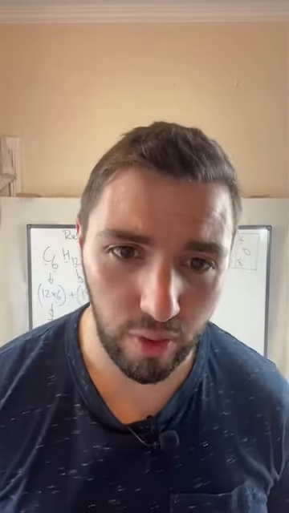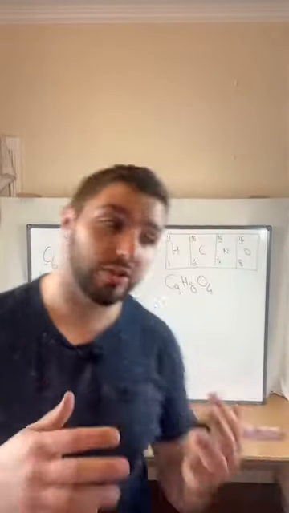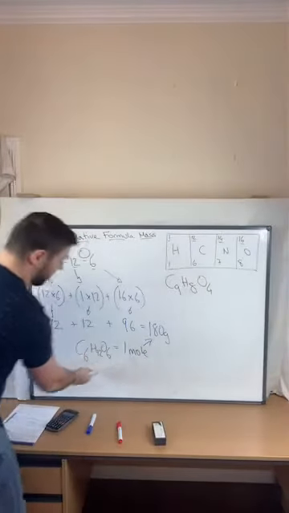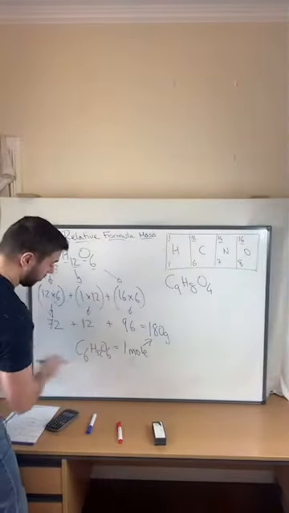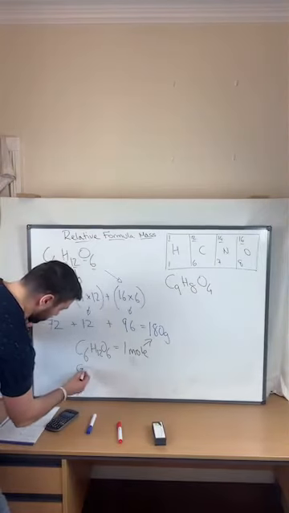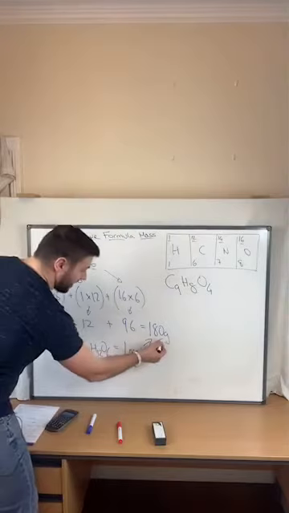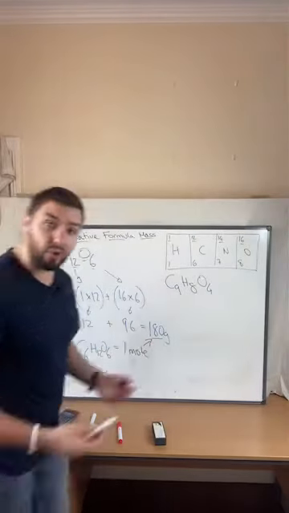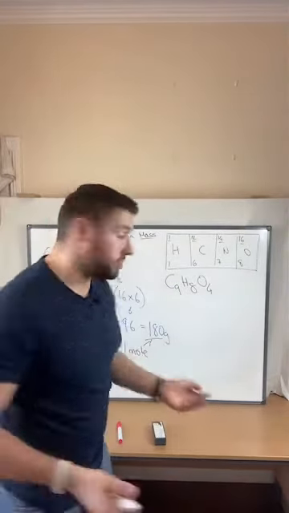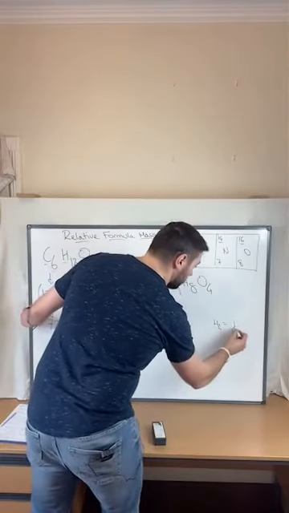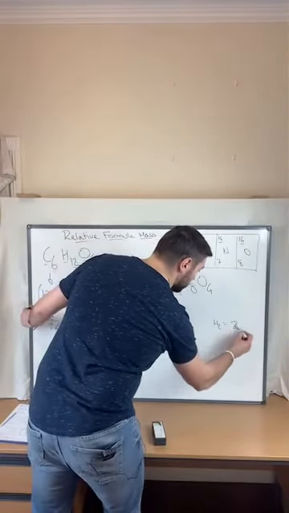How many grams are in 1 mole? It depends on the substance. Every substance would have a different amount of grams. In this scenario, this is glucose, I should say that somewhere. 1 mole of glucose has 180 grams. But a while ago, we saw that 1 mole of hydrogen, H2, was 2 grams.